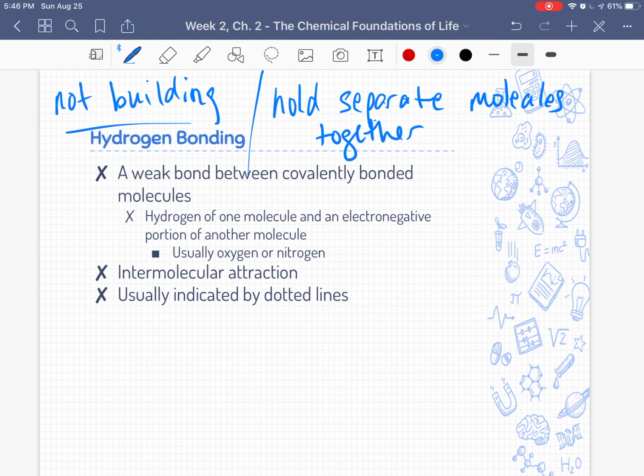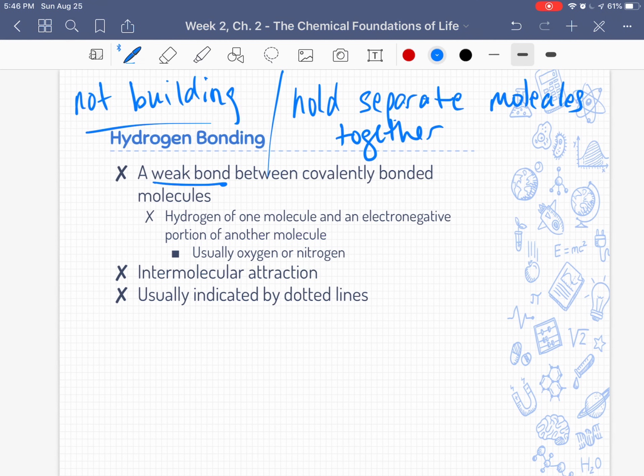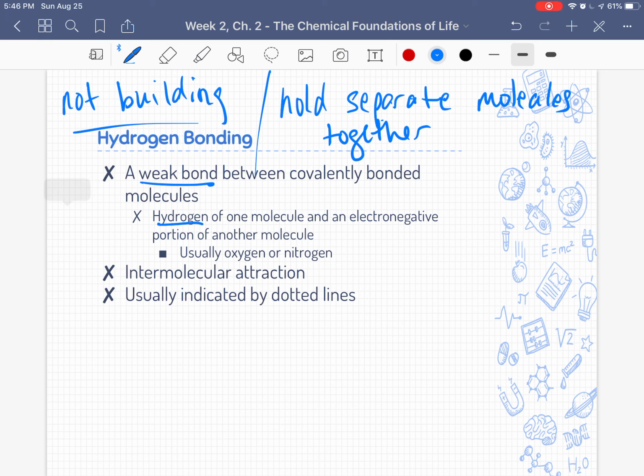We are holding separate molecules together. So it is a weak bond between covalently bonded molecules. So the hydrogen of one molecule and an electronegative portion of another molecule, usually oxygen or nitrogen, are attracted to each other. All right? These are intermolecular. So molecule 1 is attracted to molecule 2.